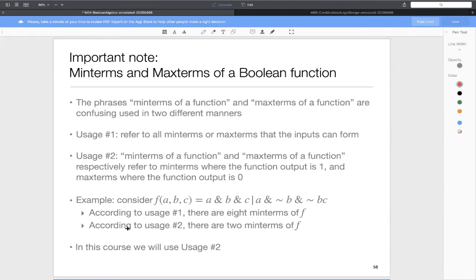So if I have a function which has 3 input variables, A, B, and C, then saying what are the min terms of that function means we are referring to all the 8 possible min terms. And sometimes when we say min term of a function or max term of a function, we specifically refer to those min terms where the function is 1 or those max terms where the function is 0. So for example, let's say we have this function that I have written out here.